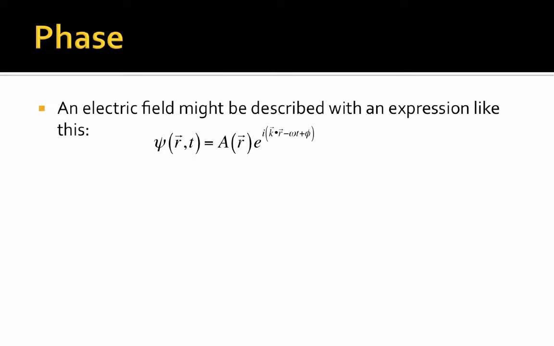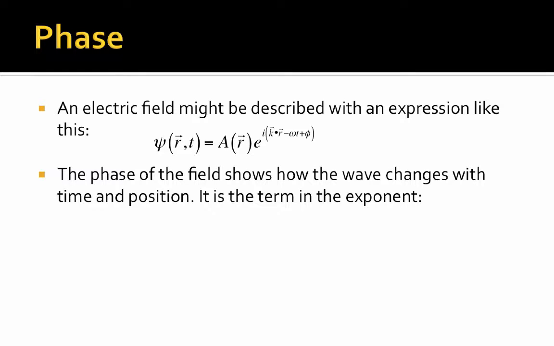This is an exponential term, e to the i (k dot r minus omega t plus phi), where this term oscillates because it's an imaginary exponential, that i part. It oscillates in space and in time. So the phase of the field is the oscillating term. It shows how the wave changes with time and position.